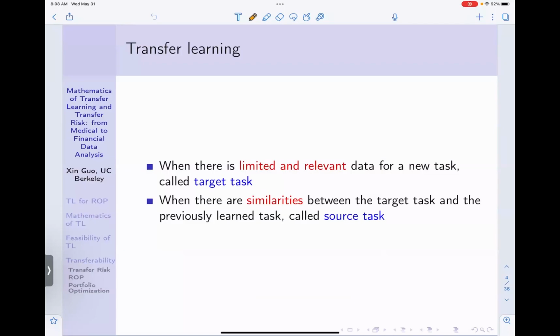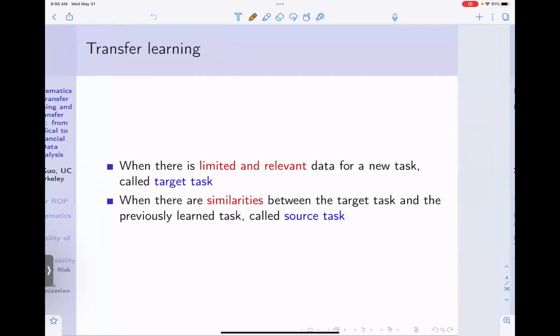So you look for some other previous knowledge, some earlier tasks that are called source tasks. That's your source of inspiration. The criterion is that if there is a similarity between the target task and the source task, then you try to draw the comparison and leverage the knowledge.